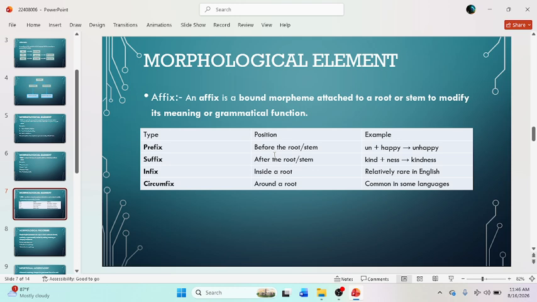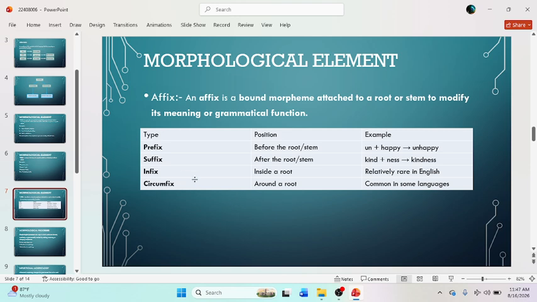Next we have to understand what an affix is. An affix is a bound morpheme attached to a root or stem to modify meaning or grammatical function. There are different types of affixes. A prefix comes before the root or stem. For example, unhappy. Here un is the prefix.